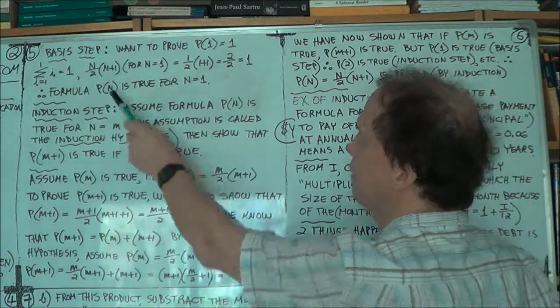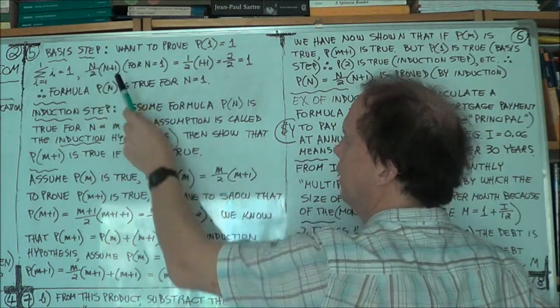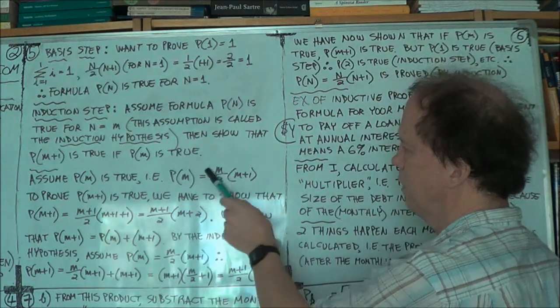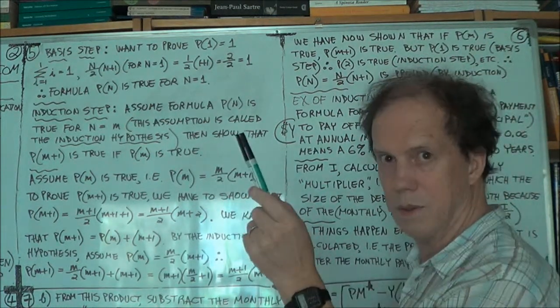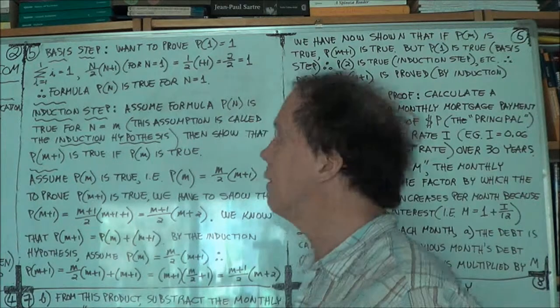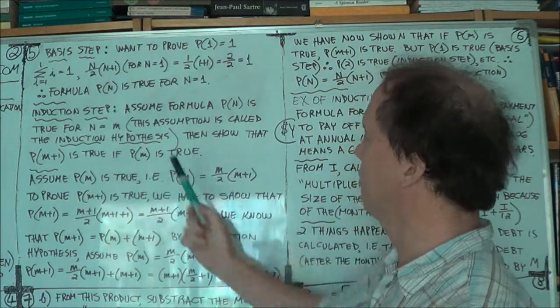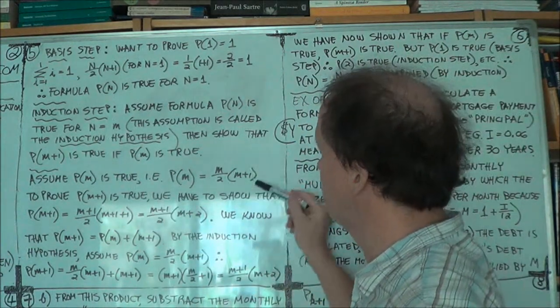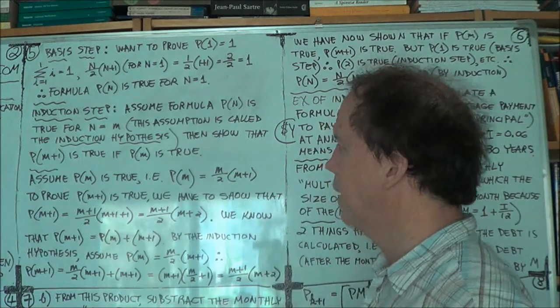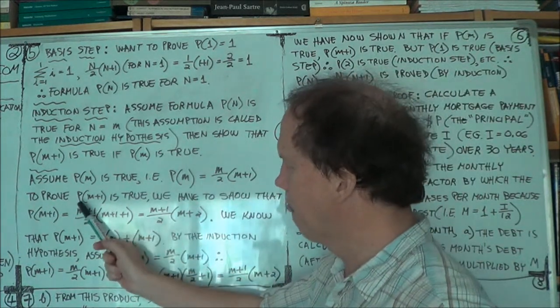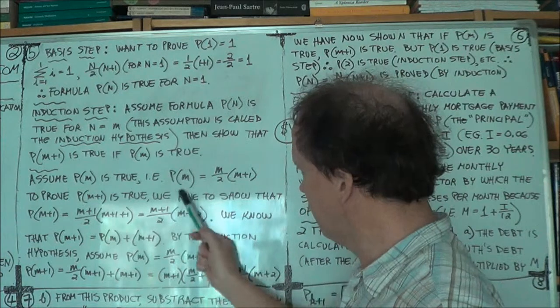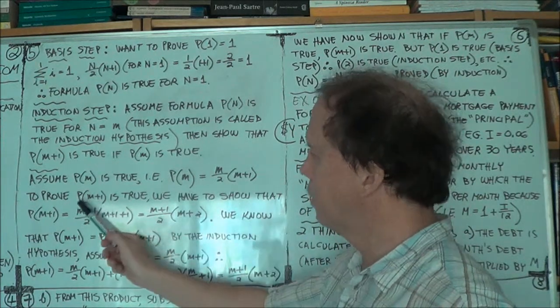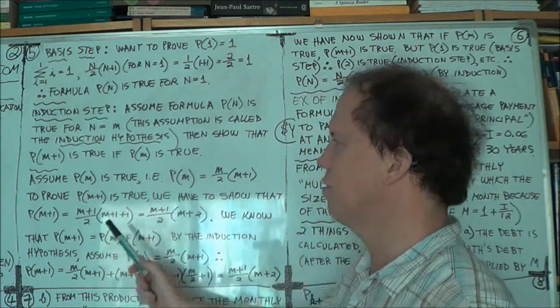So instead of n in the formula, we'll have m. We're assuming that's true, and that's the induction hypothesis. Now we have to show, assuming that's true, that P of m plus 1 is true.